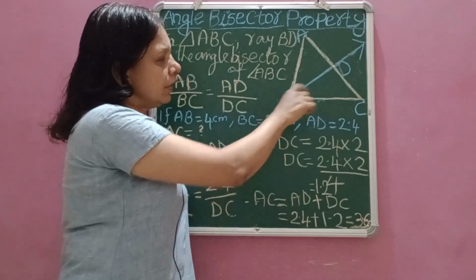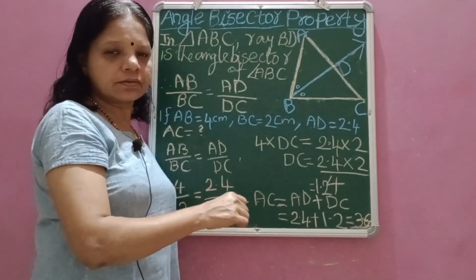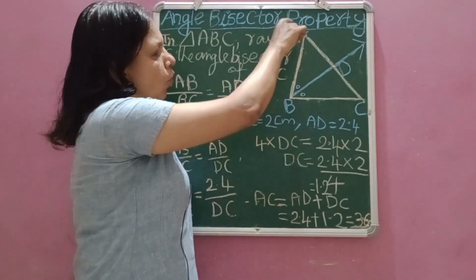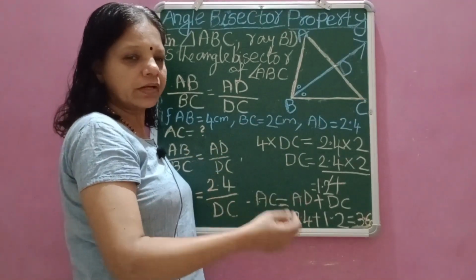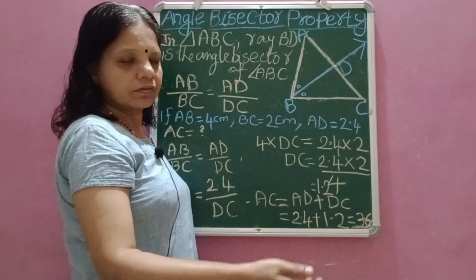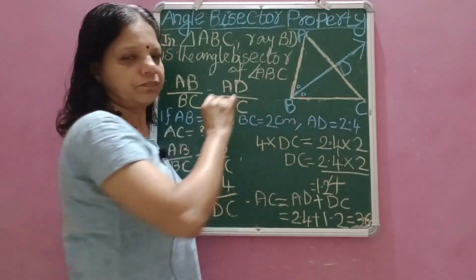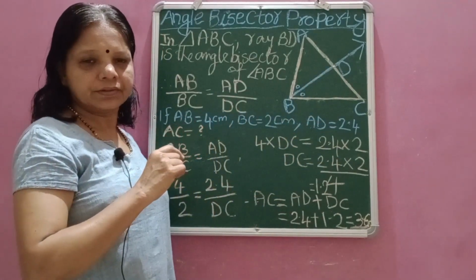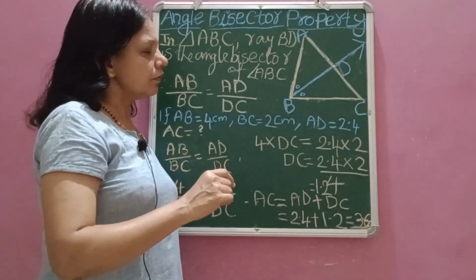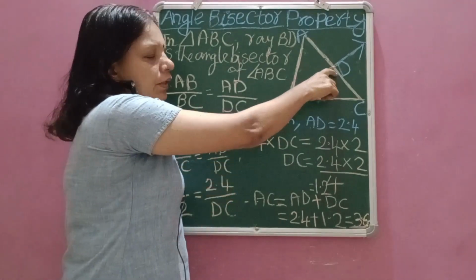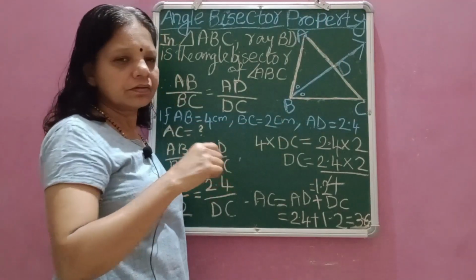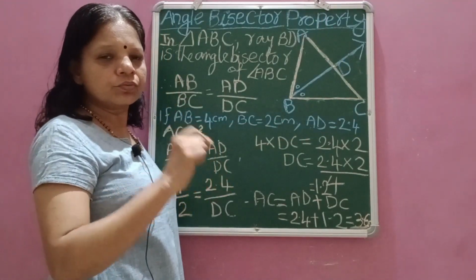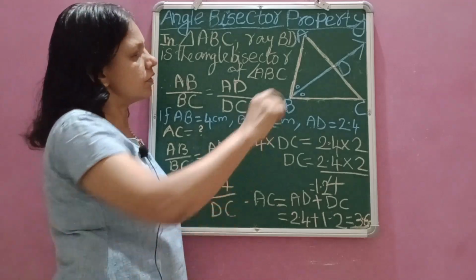The ray BD, this angle bisector, intersects the opposite side. Definitely it will intersect; we can extend the ray to the point D. Then by the point D, the opposite side is divided into two parts. Correct? Which are they?